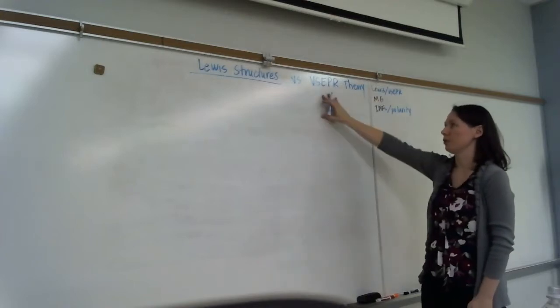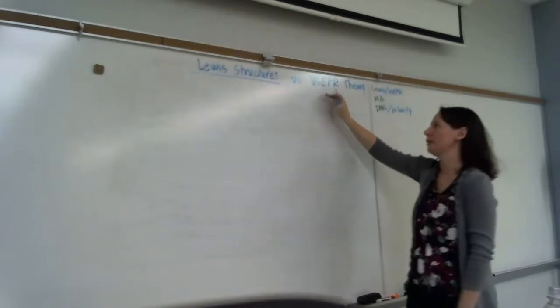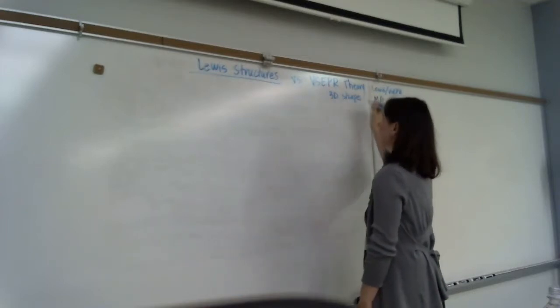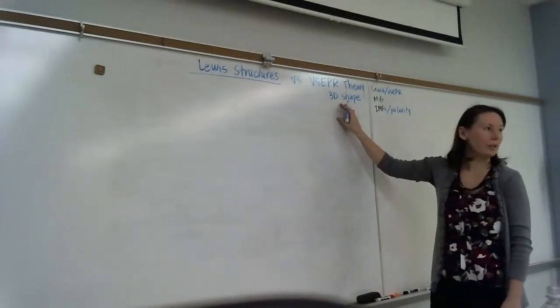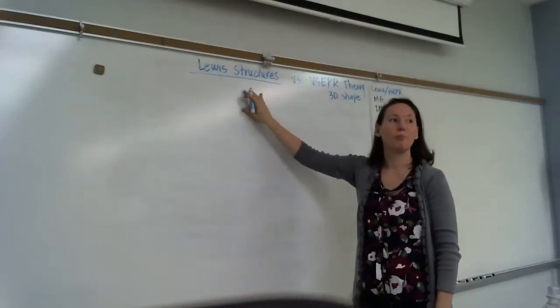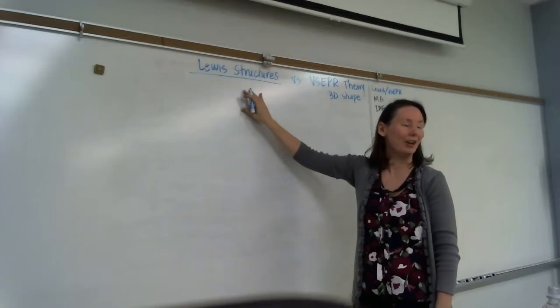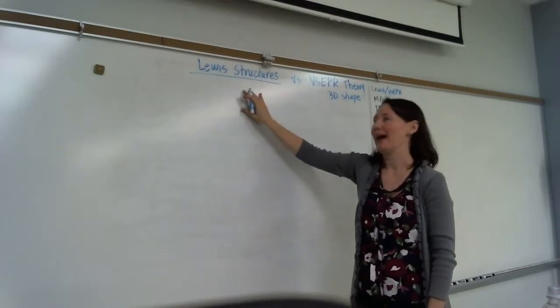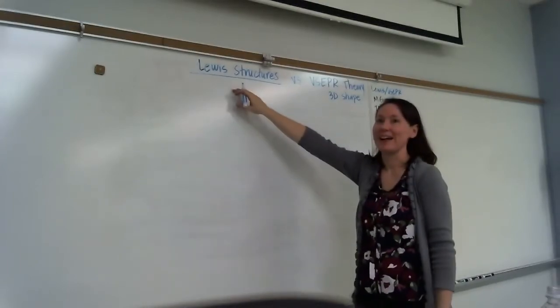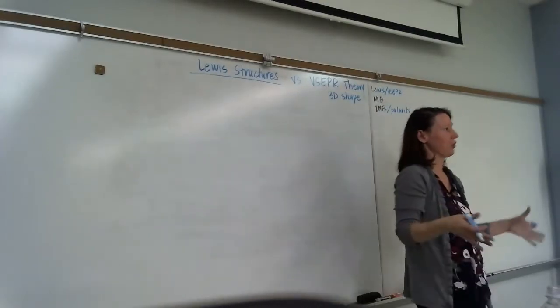VSEPR shows you the three-dimensional shape, whereas a Lewis structure is planar. Mash those two words together. It's flat. It's like a photograph versus a sculpture.